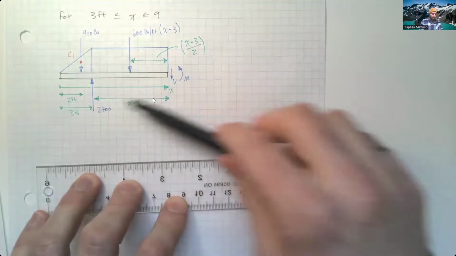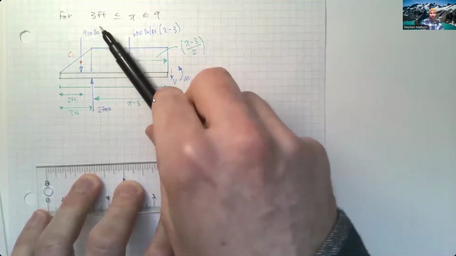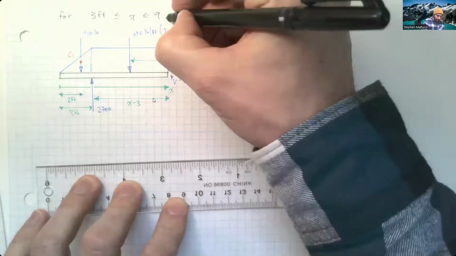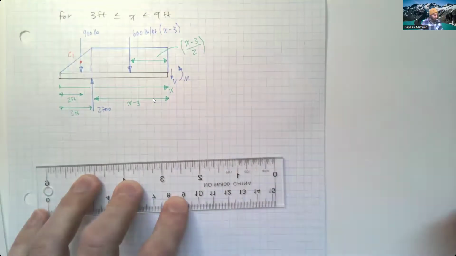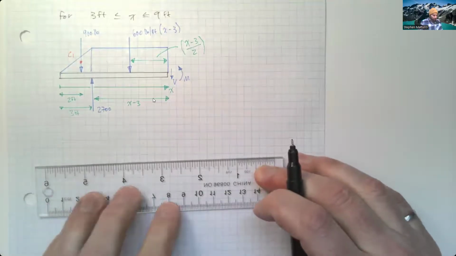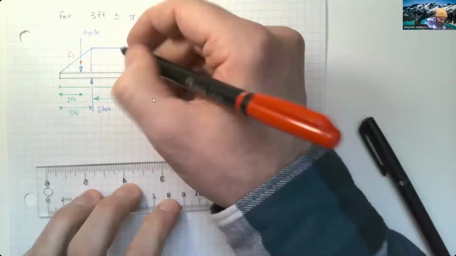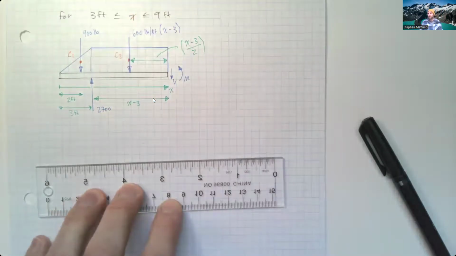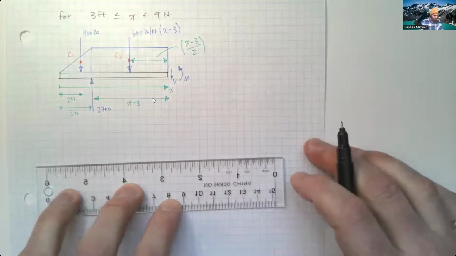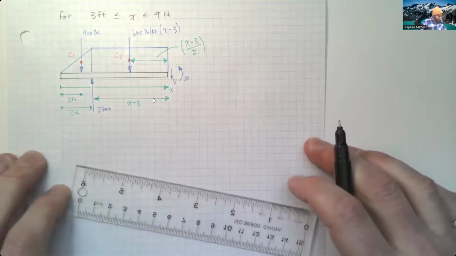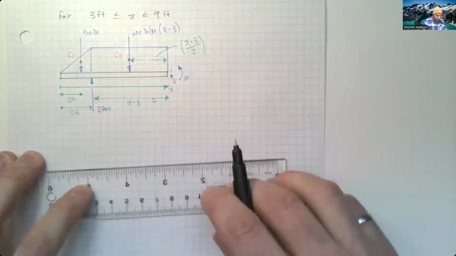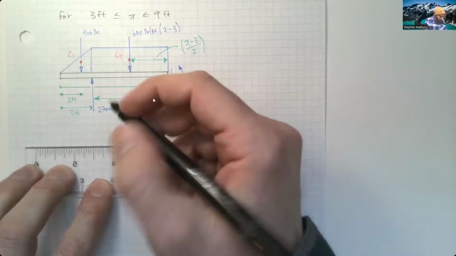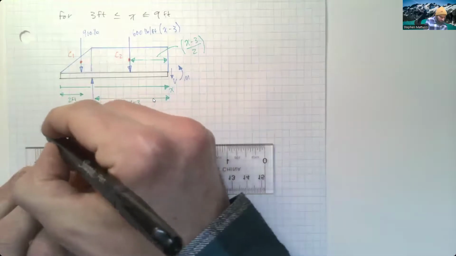So we've got our new free body diagram for our second section here from 3 to 9 feet. And maybe I'm going to label where this C2 point is. Okay, so now we can work through and solve using our equations of equilibrium.